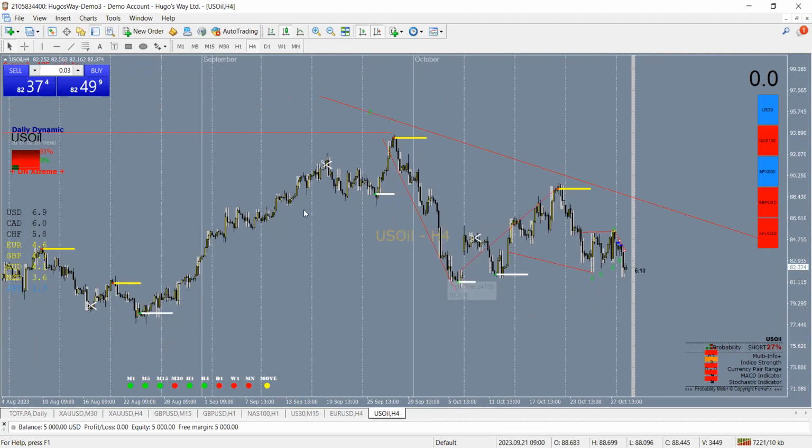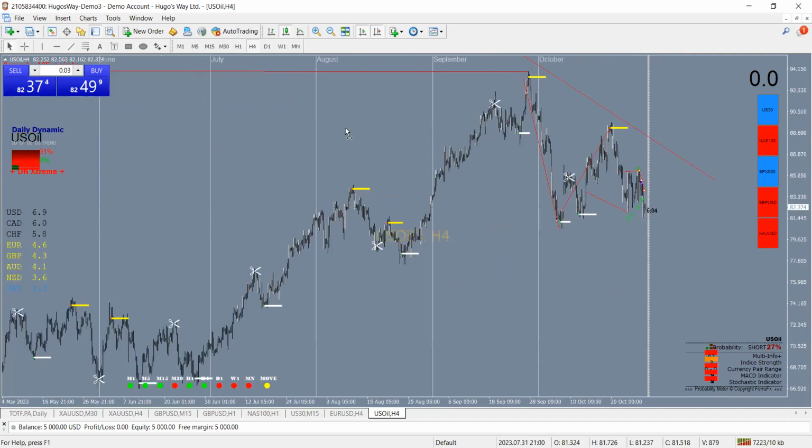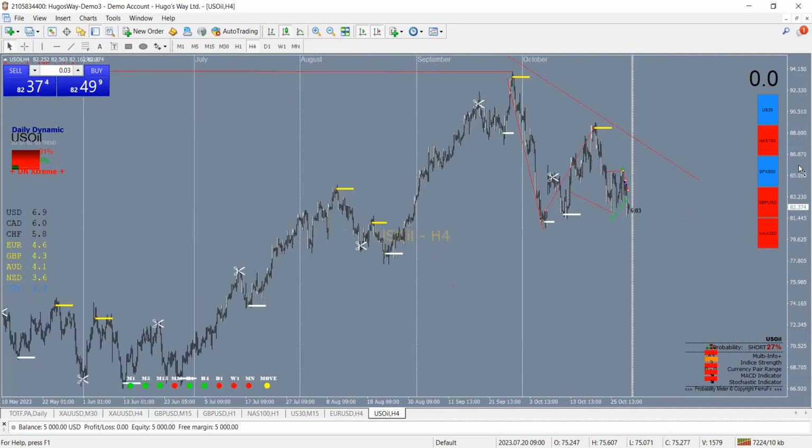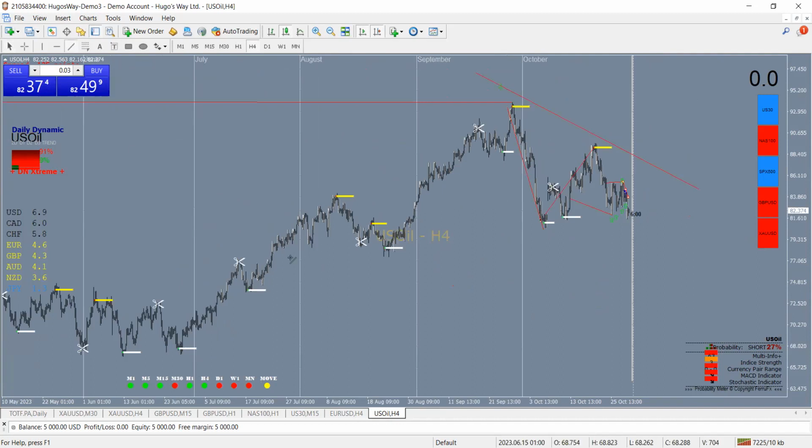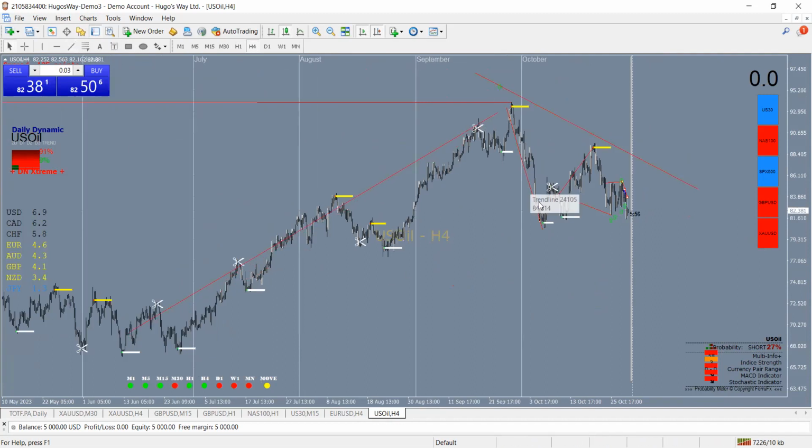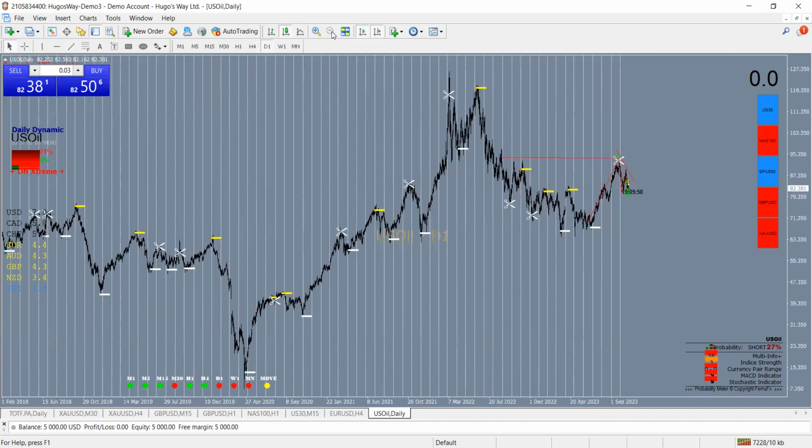So this move did break structure. It broke below lows, and, overall, this looks like one big swing. You see what I'm saying? So the market is doing what? Making lower lows and lower highs. I don't really look at oil, so I couldn't tell you where oil is, but see how it's like a huge swing, right?